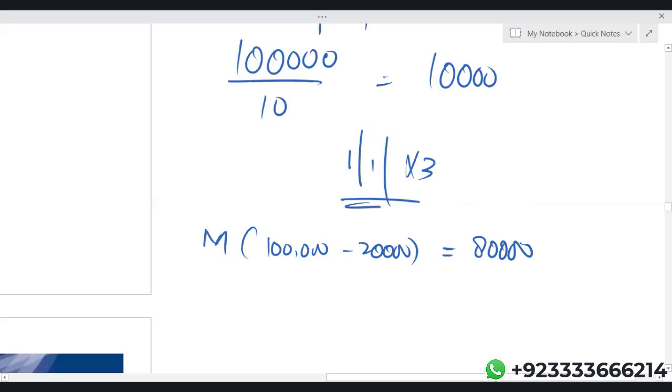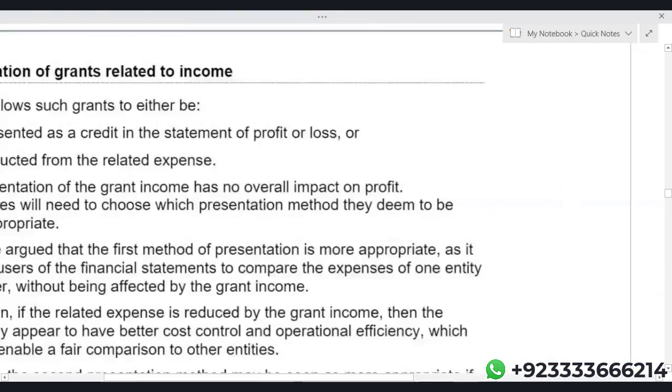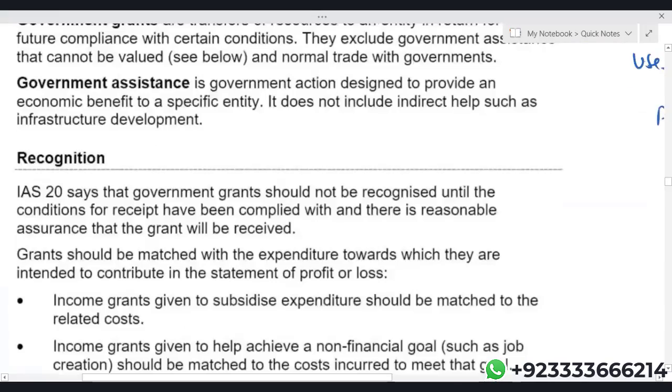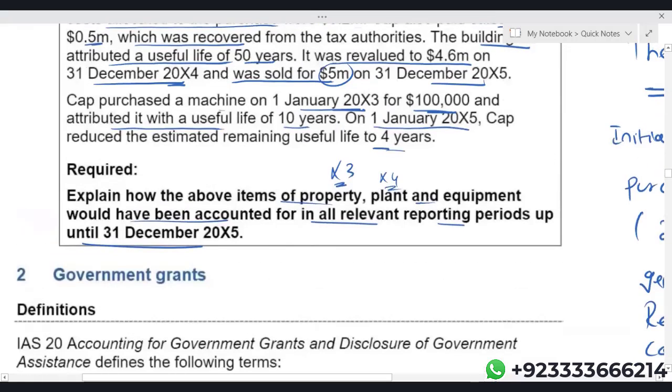Now this 80,000 will be depreciated over the changed life, and the life has changed to now only 4 years. So now this 80,000 will be depreciated over the remaining life, which is just 4 years. It is mentioned in the question: reduced the estimated remaining useful life to 4 years.